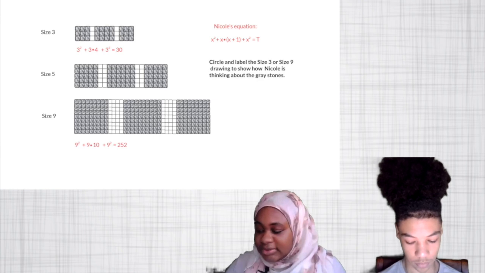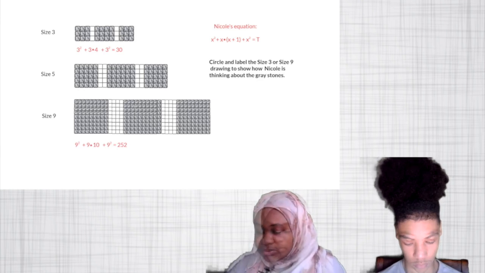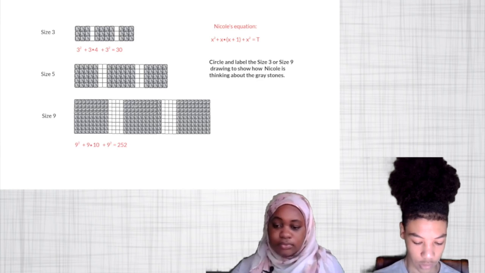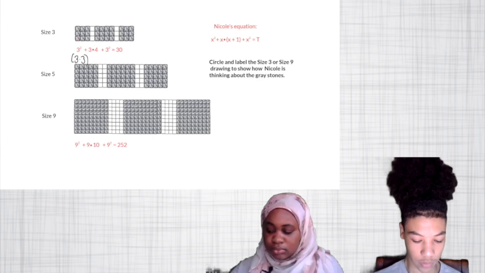Circle and label the size 3 or size 9 drawings to show how Nicole is thinking about the gray stones. Well, the first thing I notice is that 3 squared, which is 3 times 3, is going to represent the 3 columns and 3 rows right here.